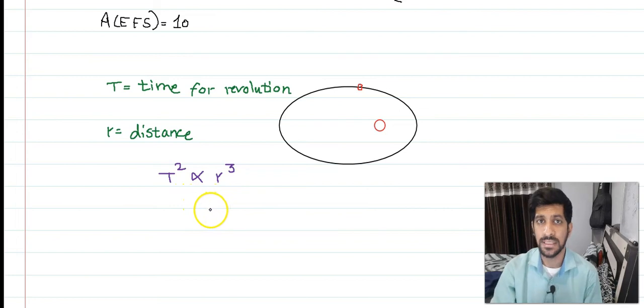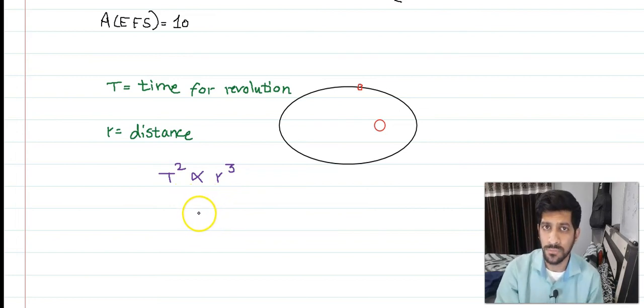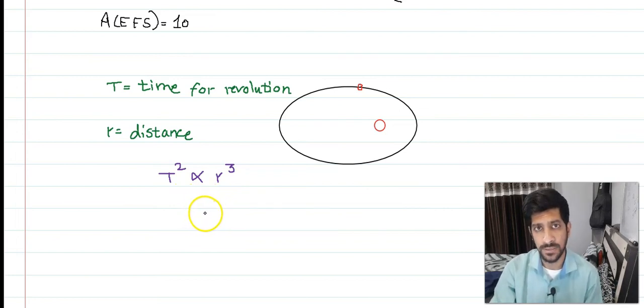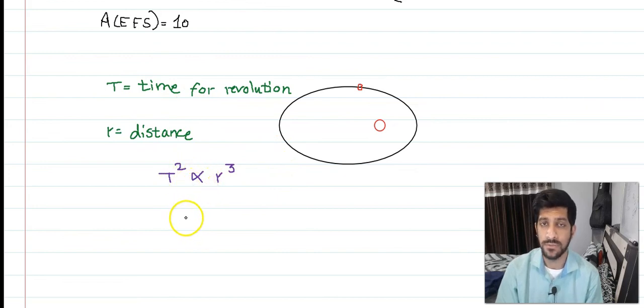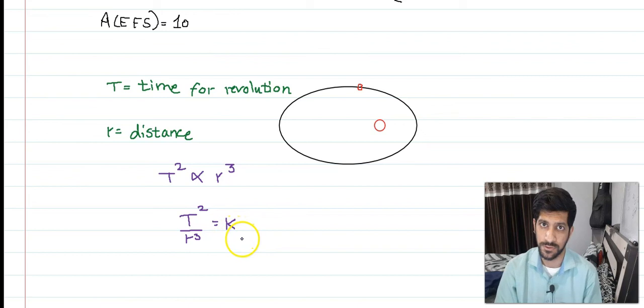If the distance increases, the time of revolution will increase, and vice versa. If the distance decreases, obviously the time of revolution will decrease. To remove the direct proportionality sign, we have to put a constant. So T square upon r cube is equal to k, and this constant k is known as Kepler's constant.